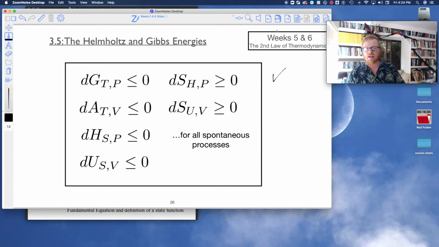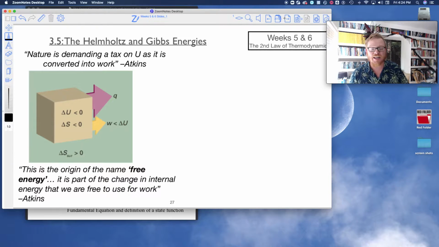So now I'm going to set up a scenario. I'm going to set up two scenarios here, and Atkins describes these. Admittedly, it's a bit confusing, but I really like this description of why we call this the free energy. Okay? So this first starts by saying, suppose we have a system. And in this system, we're going to say, suppose that delta U of the system is negative and delta S of the system is negative.